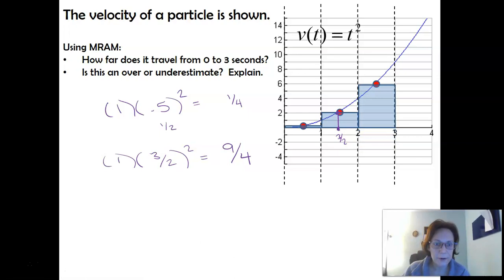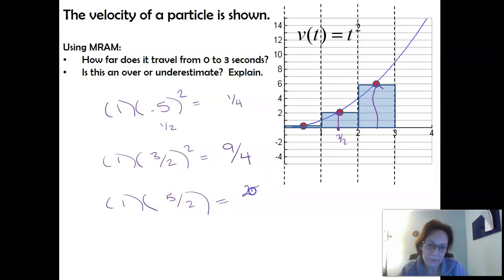My third rectangle that goes from 2 to 3, again with a width of 1, gets its height from the middle between 2 and 3, 2.5, also known as 5/2. And when we square that, we get 25/4.